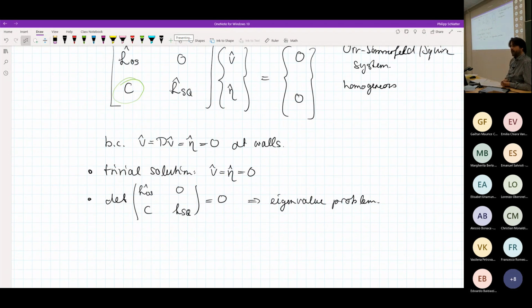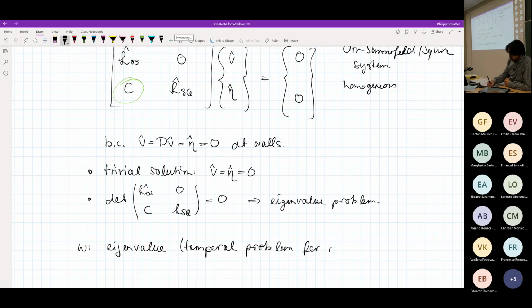Now, if I'm talking about an eigenvalue problem, of course, there needs to be an eigenfunction or an eigenvector and an eigenvalue. And, well, in the standard setting and also the setting that has been used for the first time, we would say that omega, so my temporal frequency, would take the function of an eigenvalue. And this is what is called a temporal problem. The temporal problem for alpha and beta fixed.